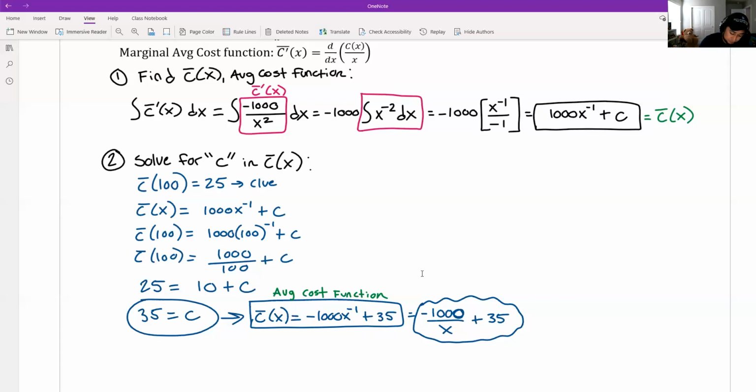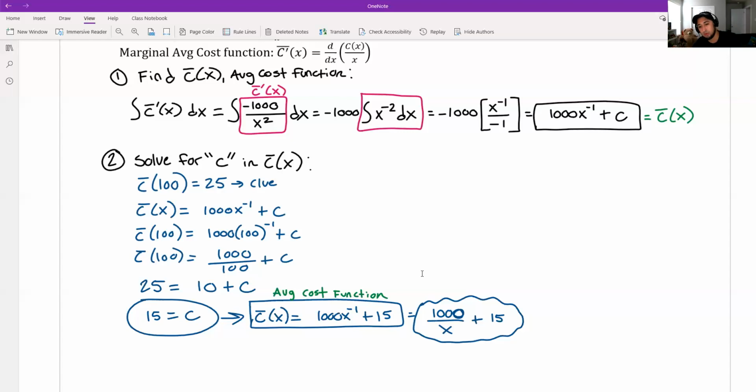We actually get 15. Bam, fixed. My bad. So that 1,000 should have been positive. Easy mistake to happen, right? Don't let it happen to you.